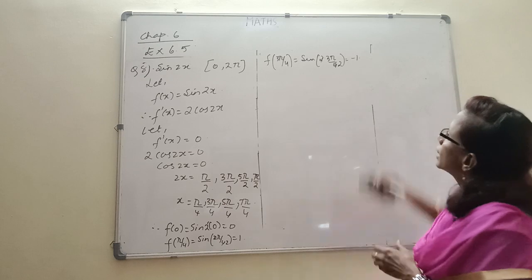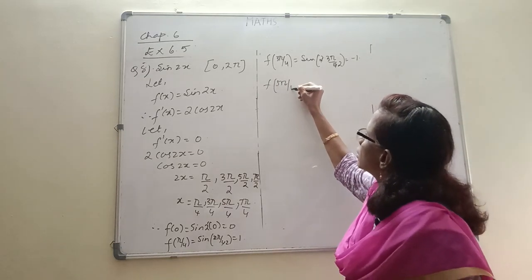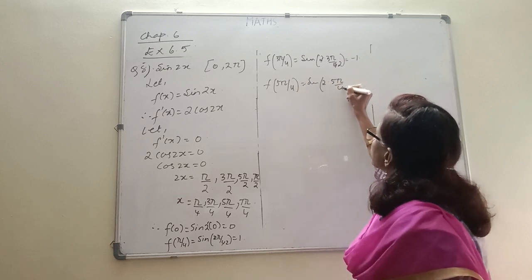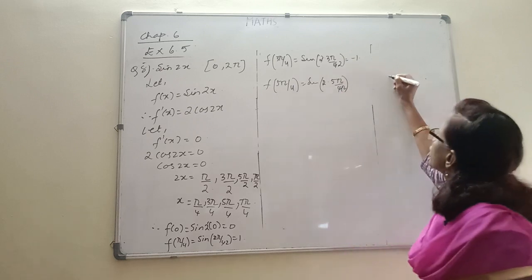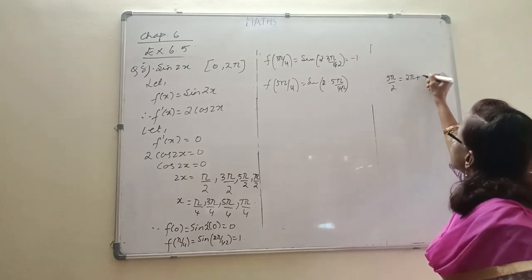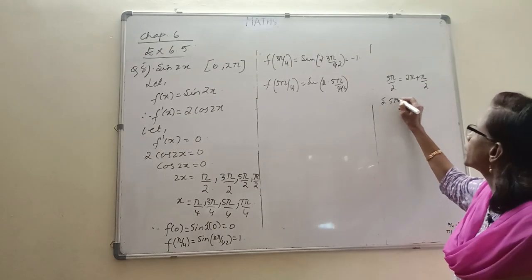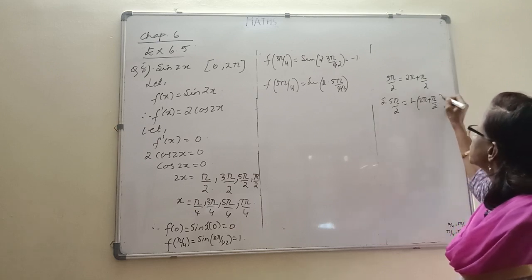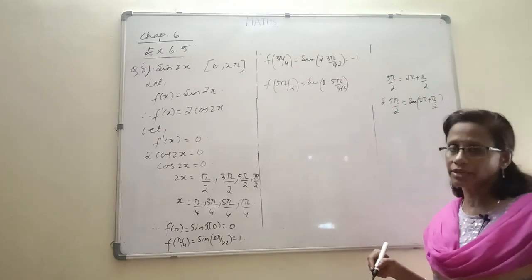So it's negative 1. And then f at 5 pi over 4. 2 times 5 pi over 4 is 5 pi over 2, which is 2 pi plus pi over 2. So sine of 5 pi over 2 is sine of 2 pi plus pi over 2. 2 pi plus means it's in the first quadrant, where everything is positive.